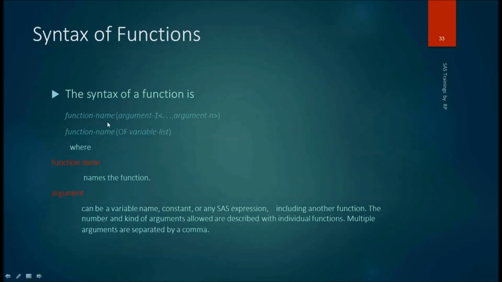So if you see the syntax for the function, here we have to mention the function name, and within parentheses, we mention arguments 1, 2, 3, separated by commas. You can also mention the OF keyword for specific functions like the sum function. Here the variable list will be a variable name, constants, or any SAS expression which you are passing.